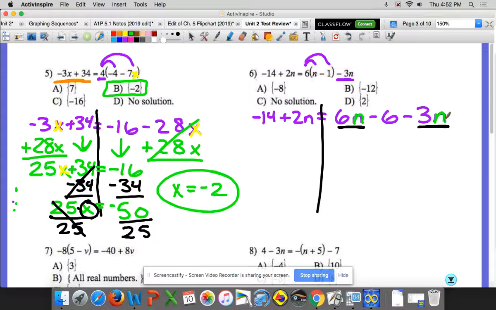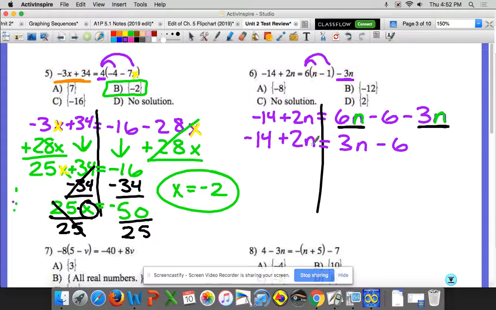So therefore, we are going to have to combine them, which means simply to add them. And 6n minus 3n is just 6 minus 3. So we get 3n minus 6. And then we still haven't done anything to the right side or the left side, so we just bring it down. So now we have negative 14 plus 2n equals 3n minus 6.